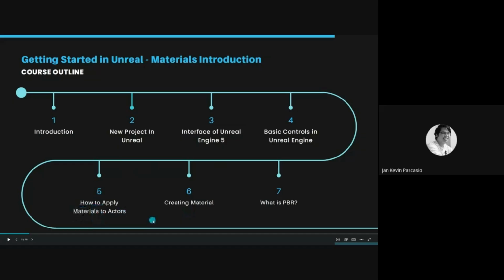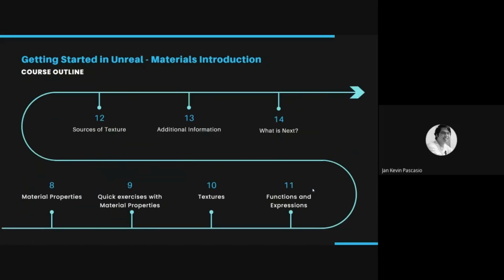How do we apply materials to actors? How do we create them? And what is PBR, or physically based rendering? Item 8 will be material properties, and then exercises, textures, functions and expressions, sources, and other information, and where we can learn next.